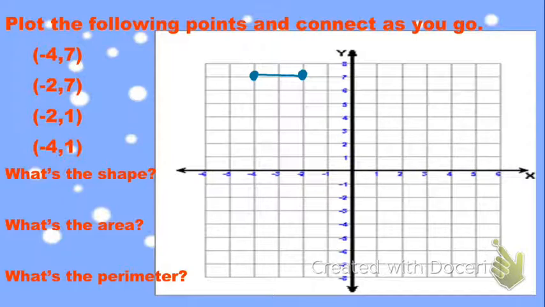Let's draw that one. Connect it to our last one. And then we have -4, 1. Connect it to our last one. Connect it to our first one. So the question is, what is the shape? What is it? Yep, it's a rectangle.